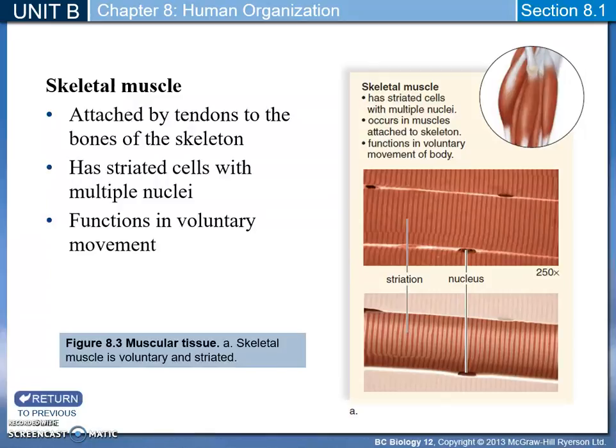Actually, each cell can have several nuclei, and they function in voluntary movement. If you choose to make some kind of movement with any part of your body, you do so with skeletal muscle, and that is all pretty much voluntary.